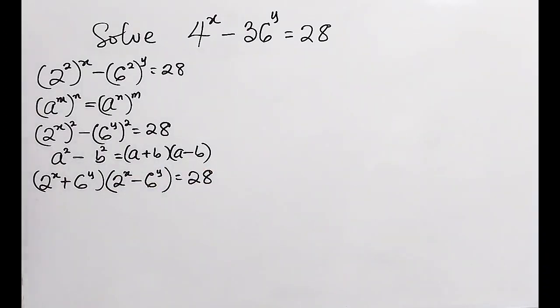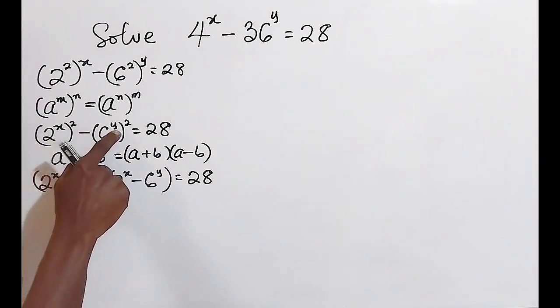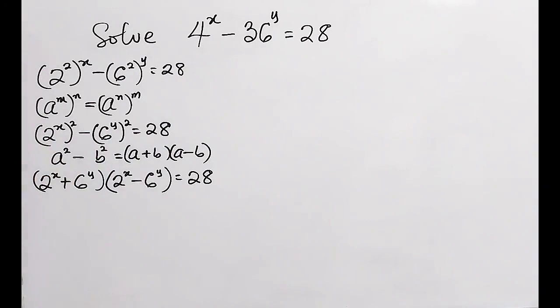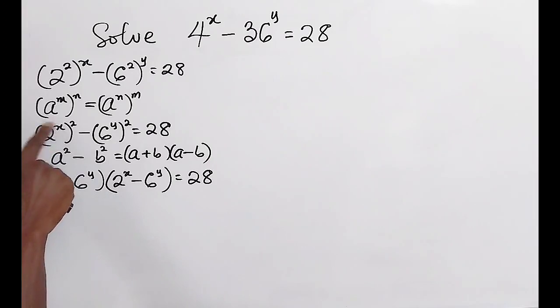28. Now if you look at these bases, you see they are even numbers raised to the power of an integer from 1 to wherever. If it is an even number, the result will give us an even number.